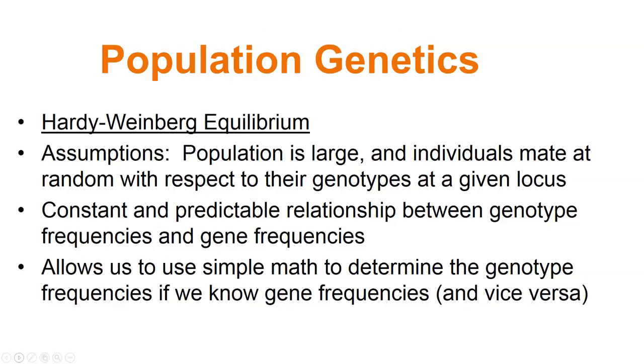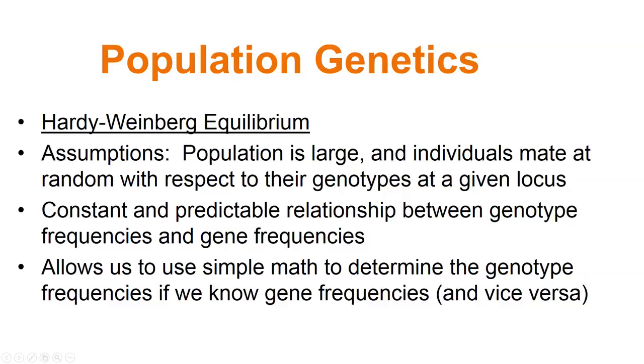Okay, so the next thing we're going to do is the Hardy-Weinberg equilibrium. I'm going to get this started, and I'll probably have to finish it in the next lecture, but I'm going to go over a little bit of it with you. This is going to be some population genetics and some math, and there's a specific purpose, and it's actually kind of a neat and interesting purpose we use it for.